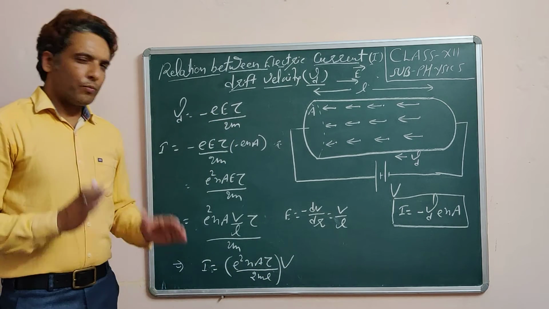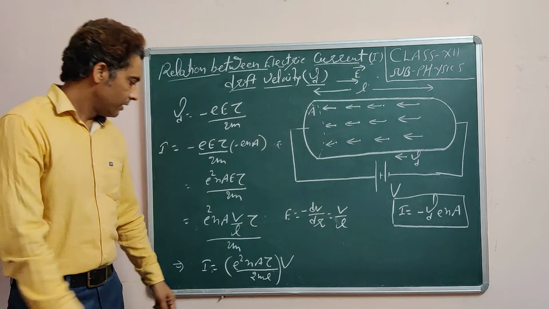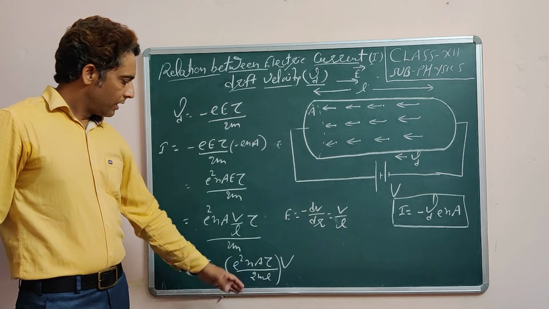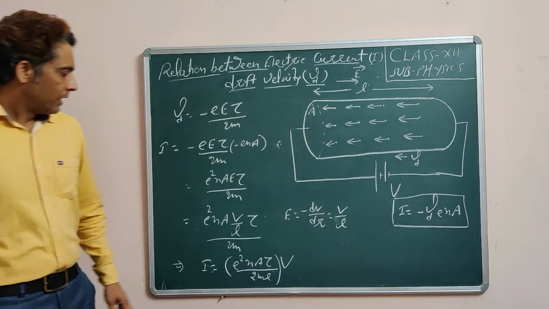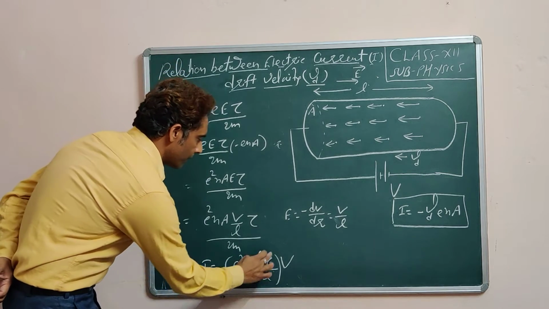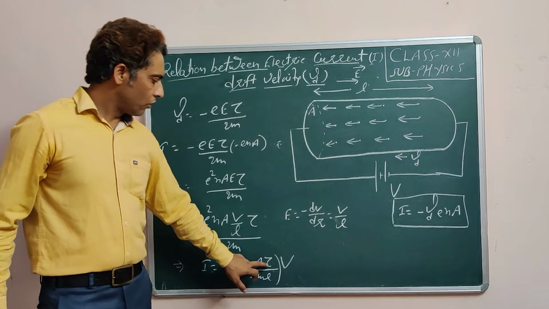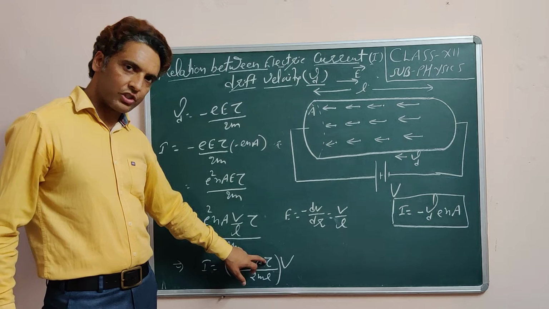Now, if we take example of any conductor having length L, area of cross section A, and this N is the number of electrons per unit volume, then this factor will be constant at constant temperature, because this tau is average relaxation time and it is a function of temperature.